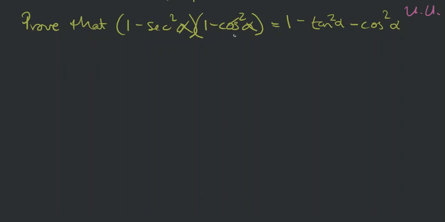Well, again, we have a formula sheet, and that formula sheet can be very helpful to us at times. In this particular problem, I'm going to notice that I have 1 minus cosine squared. On the previous problem, we talked about how sine squared alpha plus cos squared alpha equals 1.